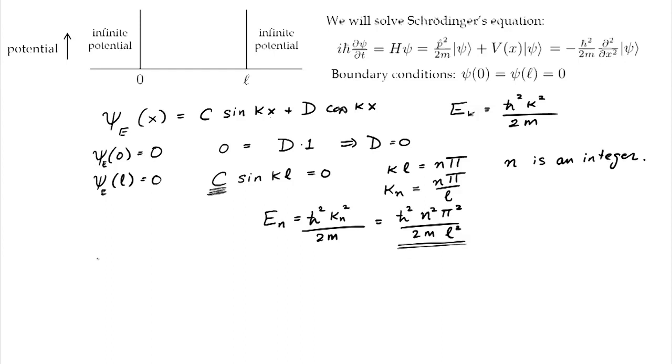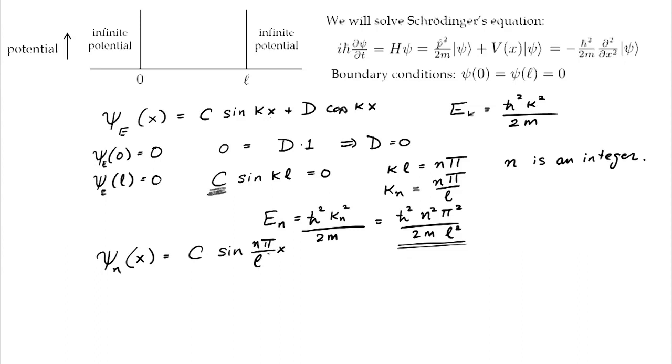Okay, so now let psi sub n of x be equal to c times sine kx, which is n pi over L times x.